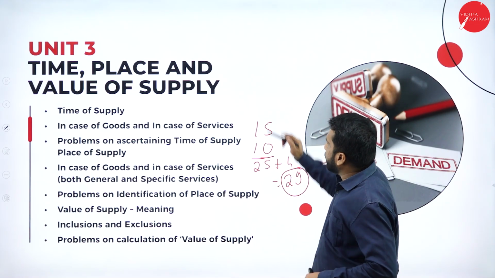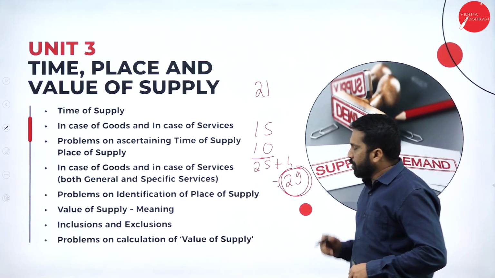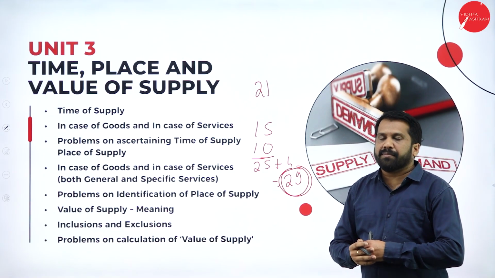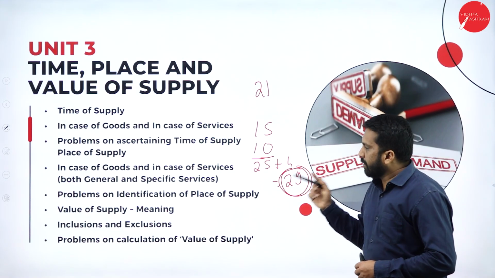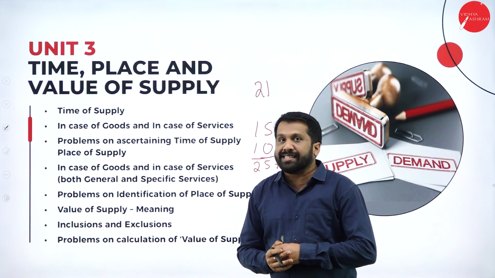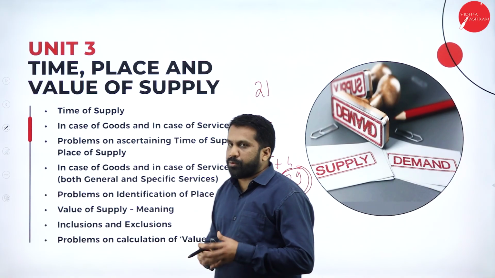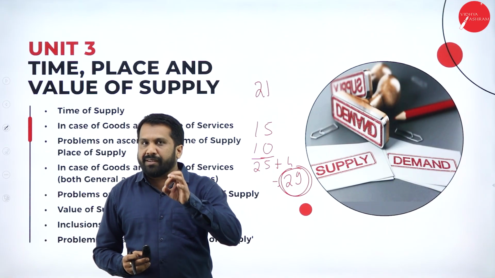So what is your passing mark? 21. How much will you get from this particular unit? You will get 29 marks. Clear? So this is a most important topic for your examination, and the practical problems on this, believe it or not, you can learn within 5 minutes.